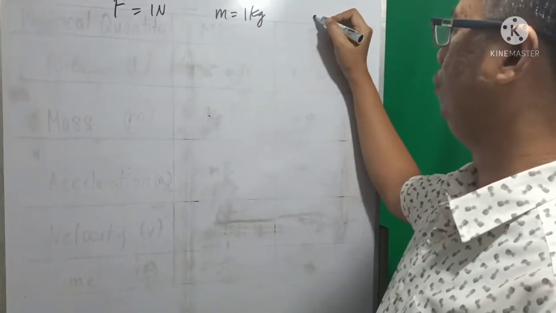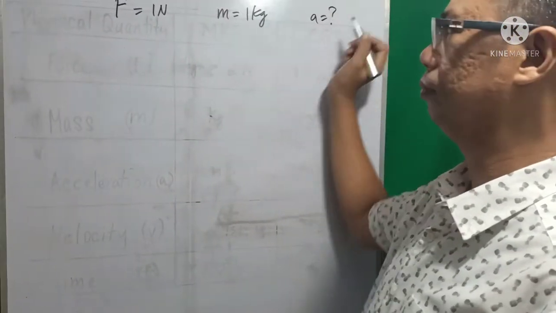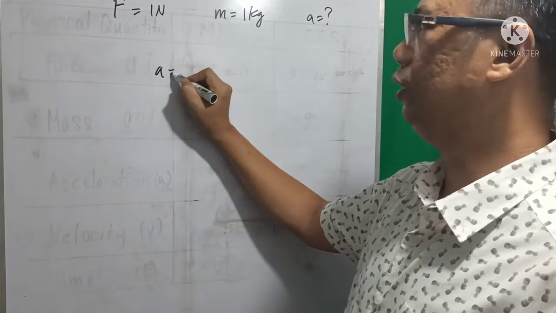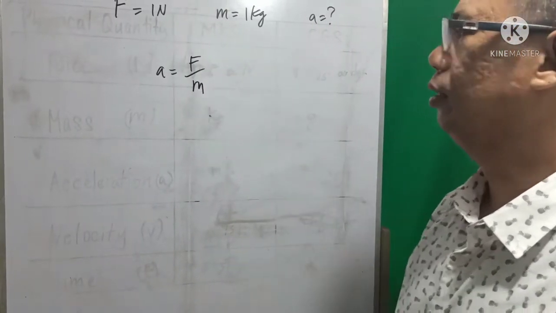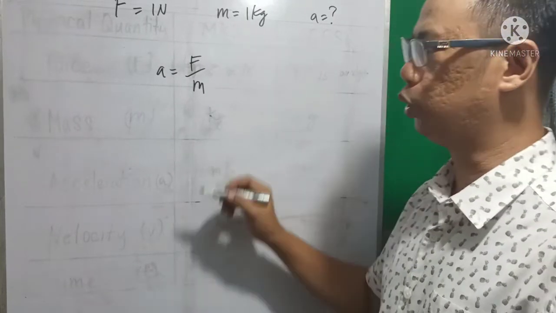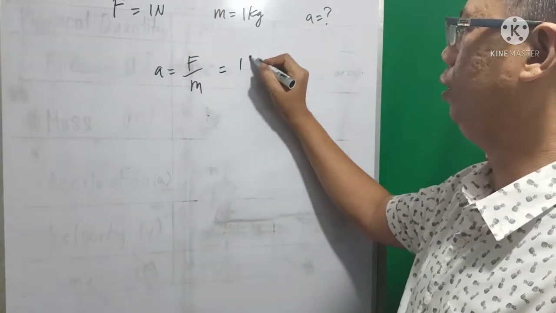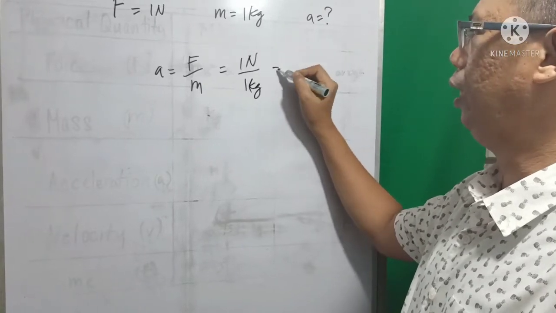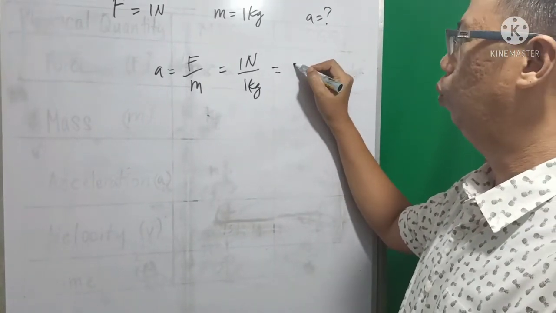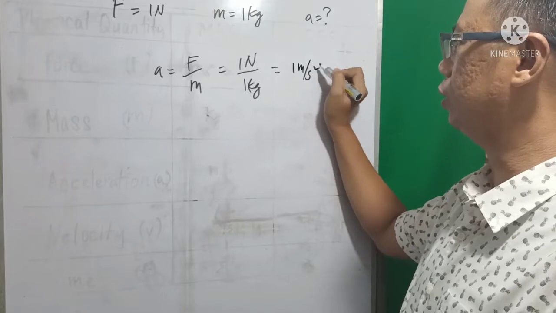Then we are asked to find the acceleration. Acceleration is equal to force over mass. By simple substitution, we'll have 1 Newton over 1 kilogram. And this is 1 meter per second squared.